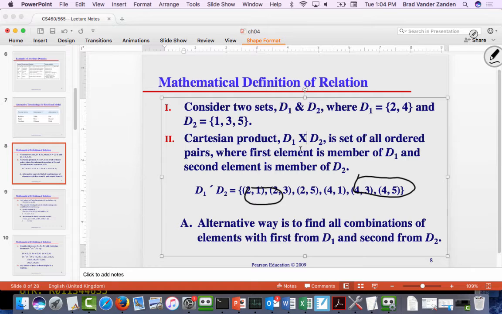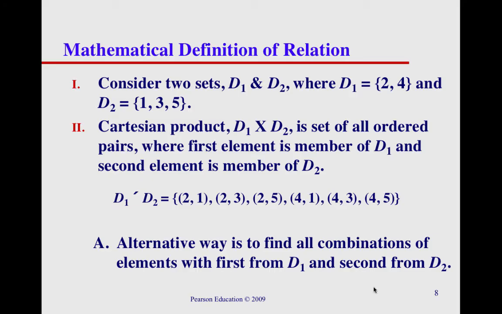So the Cartesian product is simply all possible combinations of the elements from D1 with the elements from D2. So there's 6. This should be an X down here too. It should be D1 X D2.